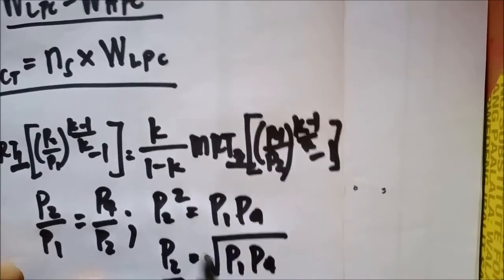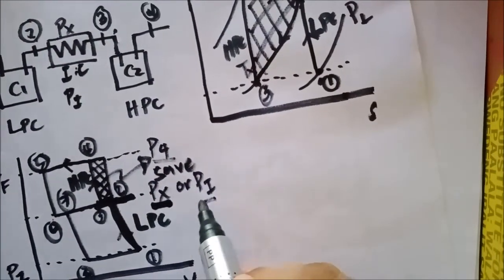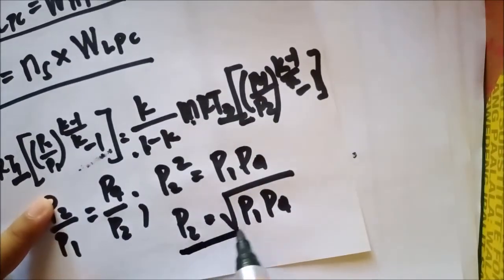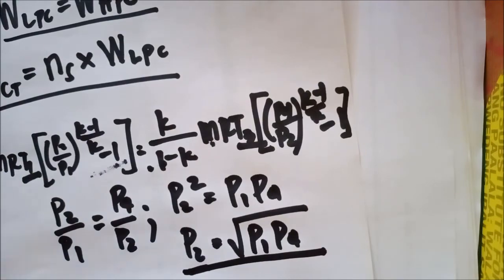So the pressure at the second stage is sometimes called Px or Pi. So this will now become the pressure interstage or intercool.